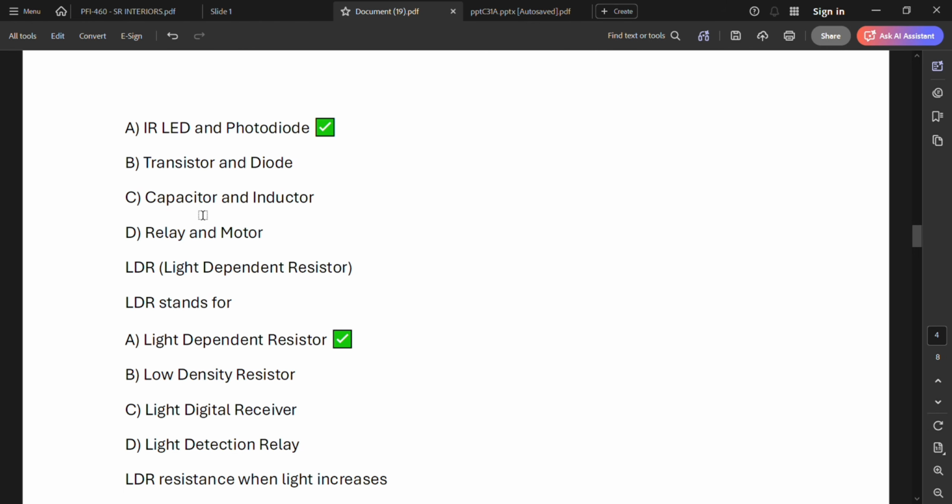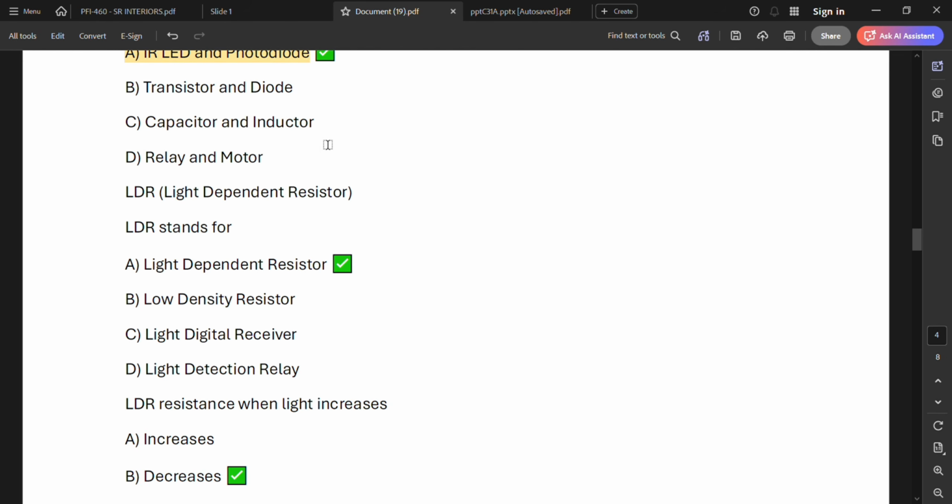The correct answer is option number A, IR LED and photodiode.